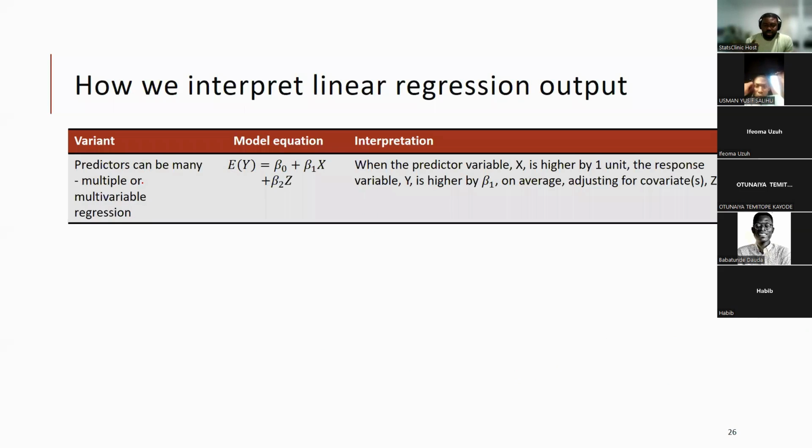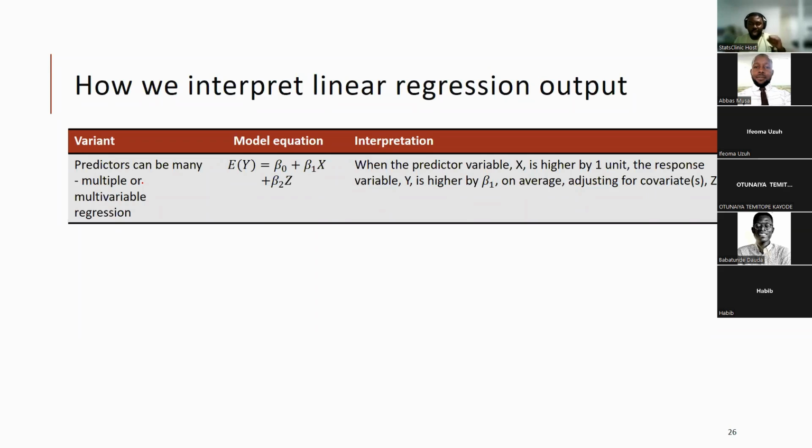The other one that I wanted to spend a bit of time on is multiple or multivariable regression, where you have more than one variable in the model. When you have more than one variable in the model, the beta 0 is the average working hours.